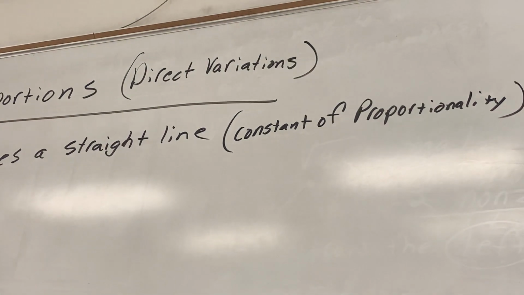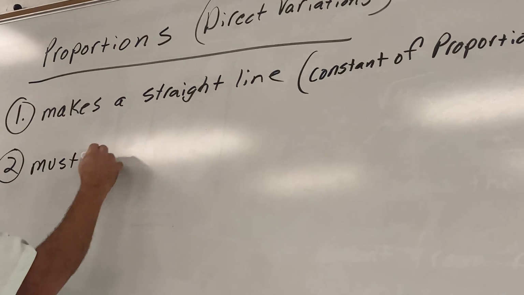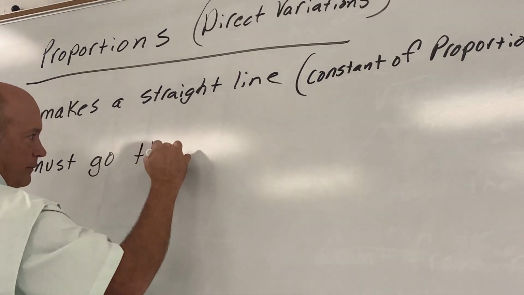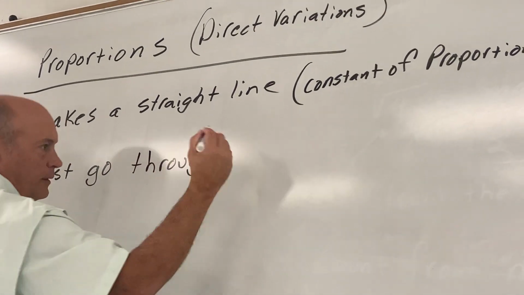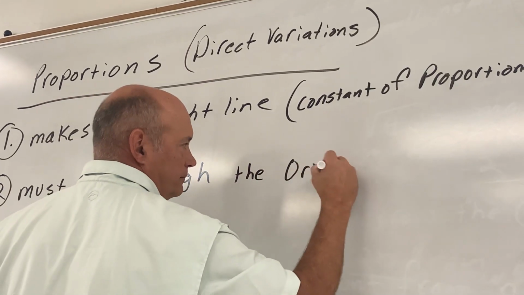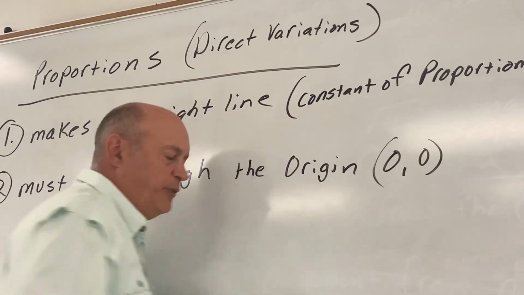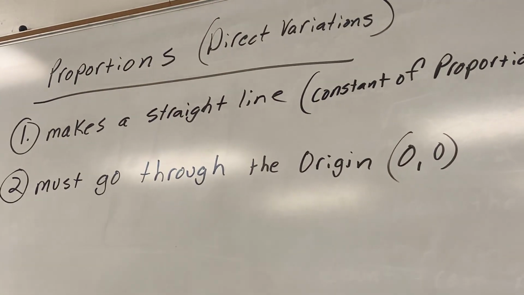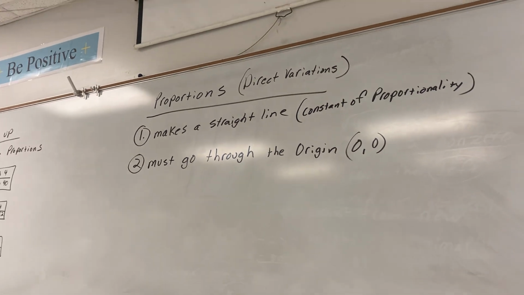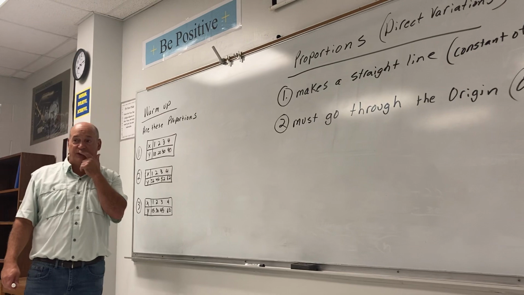And two, it must go through the origin. Where's the origin? 0, 0. So if we can find an equation or a graph that does both of those, we can say that it is a proportion, without a doubt.